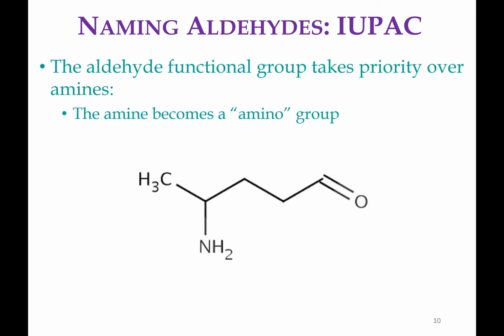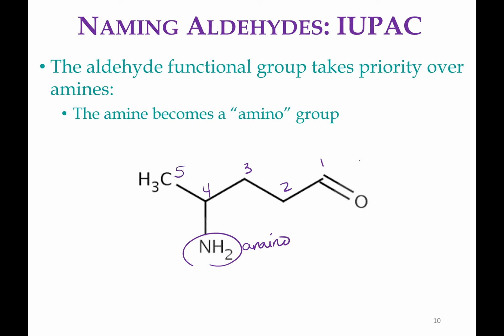Now the aldehyde's also going to take priority over an amine group. So here we have an amine, which is called an amino group when it's a substituent. So we're going to number this 1, 2, 3, 4, 5.